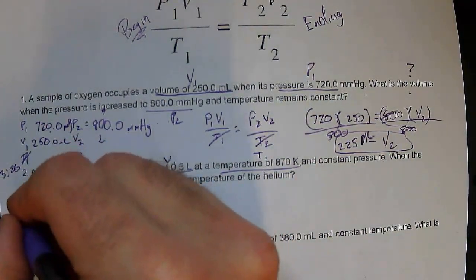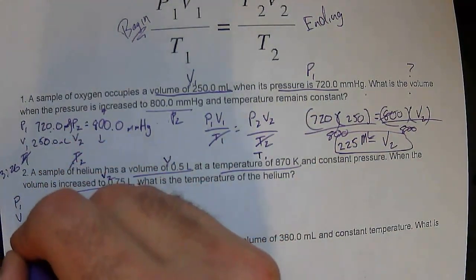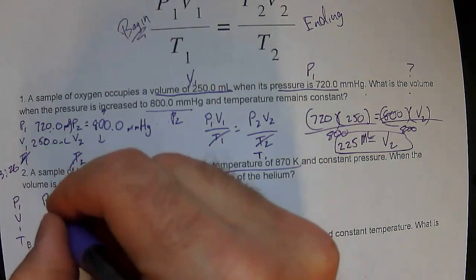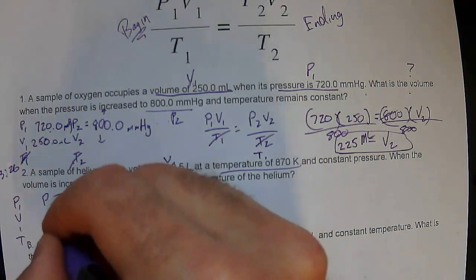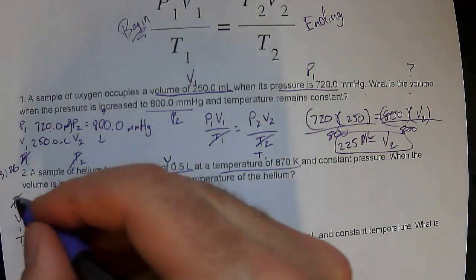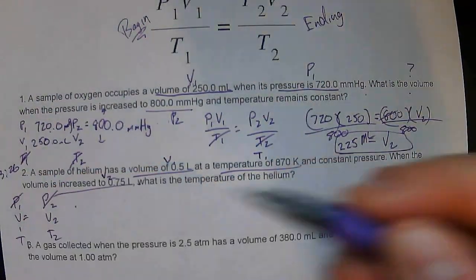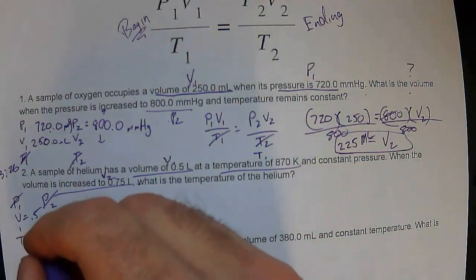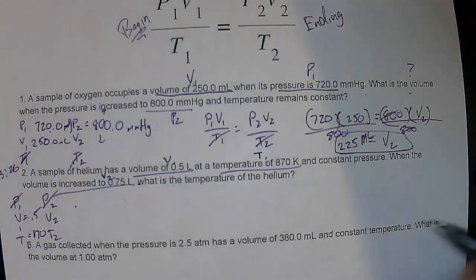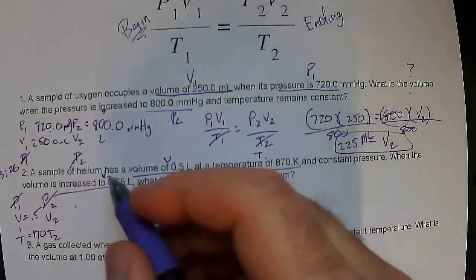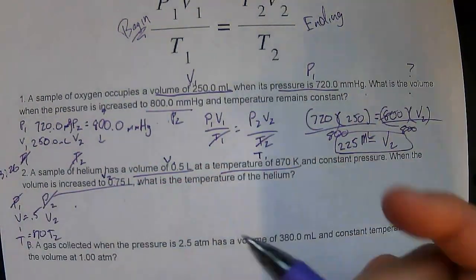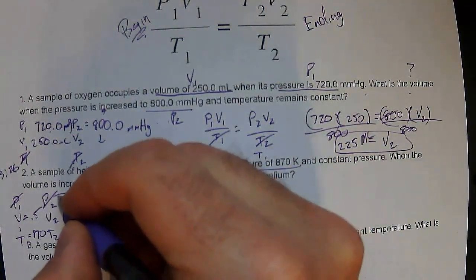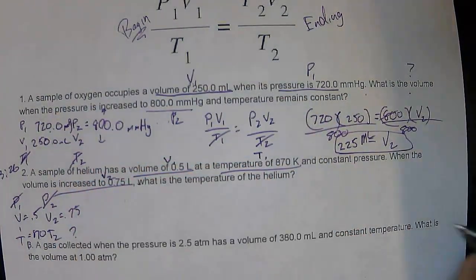I'm going to put P1 V1 T1 here, and then P2 V2 T2. We don't have any pressures in here, so our volume is 0.5, our temperature is 870, and our new volume is 0.75, and we want to know what the temperature is going to do.